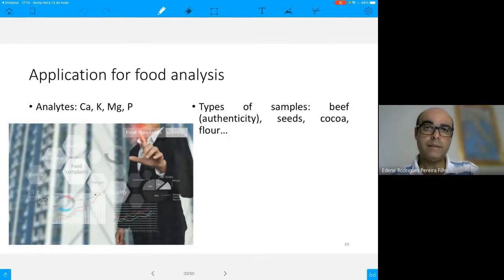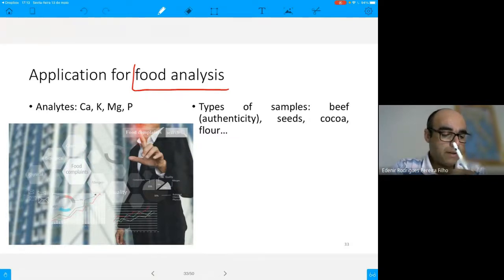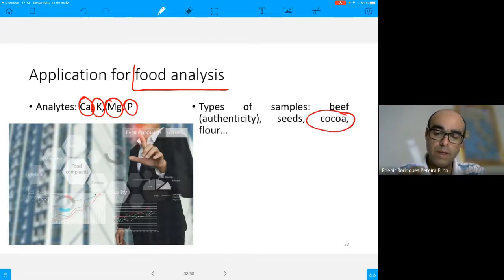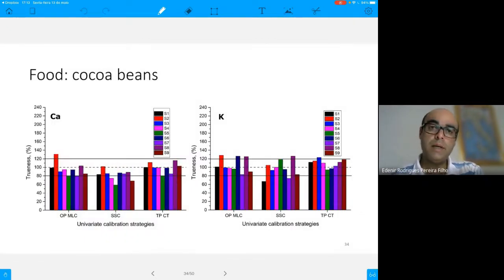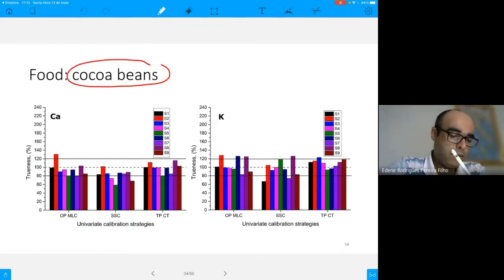Let's see some applications. The first set of applications that I will present is for food analysis. We determine calcium, potassium, magnesium, and phosphorus in cocoa and also in fruit samples. There are other applications for beef authentication using LIBS. Here we have some results for cocoa beans, for calcium and for potassium.